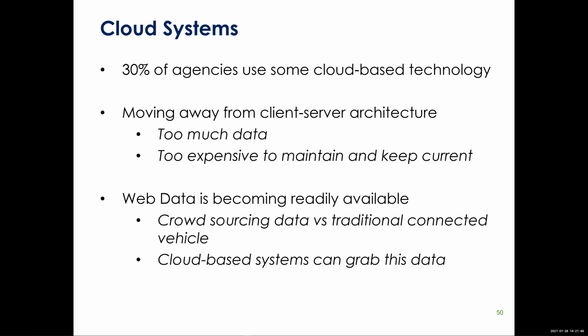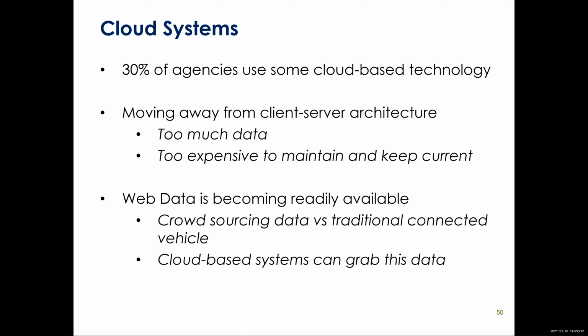A lot of agencies are moving away from client-server architecture. There's just too much data to manage, and it's too expensive to keep current data as well as historical data on traditional servers. So they're starting to push all that data up to the cloud where it's a little less expensive to keep and maintain.